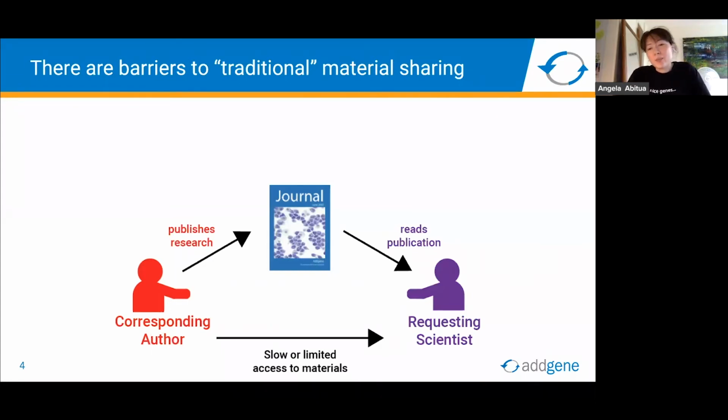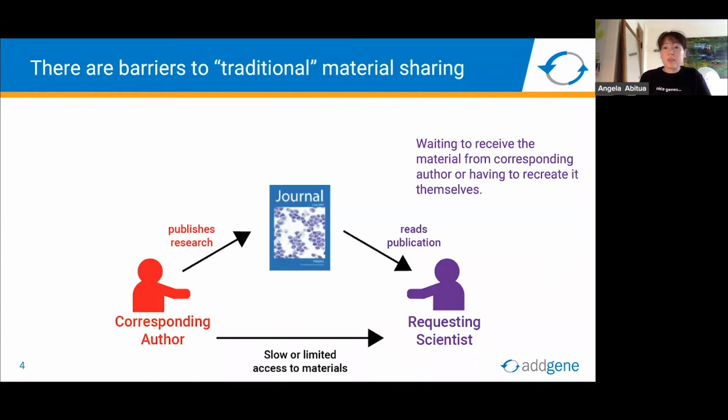A scientist reads the publication and requests the material. And sometimes it can take a very long time to receive those materials. On the receiving end, this scientist can wait weeks or months to receive the material from the author, or they have to spend time to recreate it themselves.